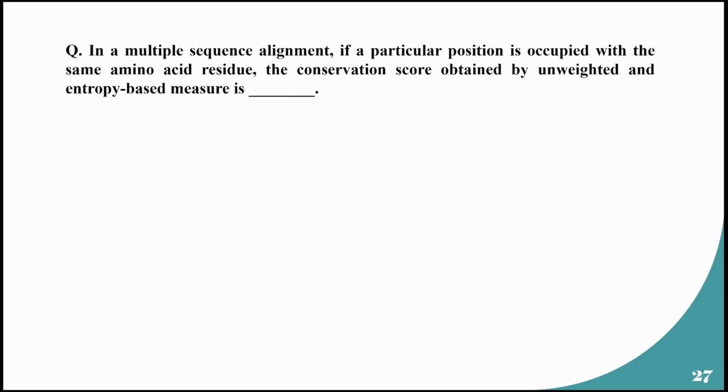And what's the propensity for it changing also? You can interpret those by calculating the conservation score. So Professor Gumi had talked about the unweighted and entropy based measure for the conservation score. Can anybody calculate this one and give us the answer in the chat?